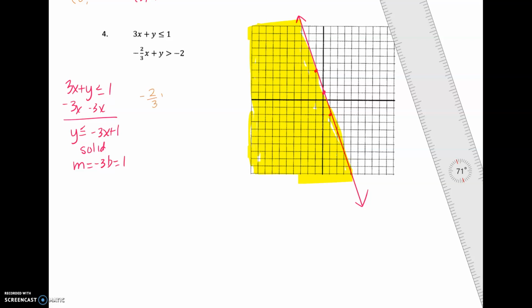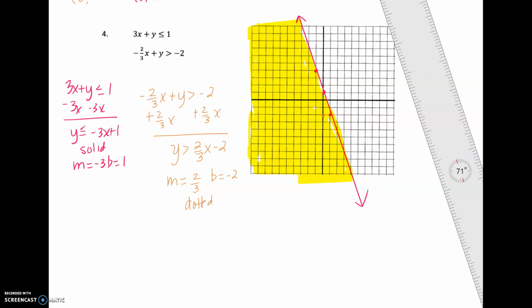Negative 2/3 x plus y is greater than negative 2. I'm going to add 2/3 x, and I get y is greater than 2/3 x minus 2. And my slope is 2/3. My intercept is negative 2, and this is going to be dotted.